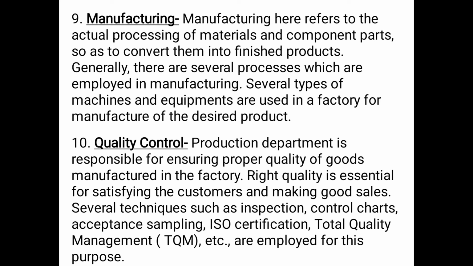And for this purpose, sampling can be done to check the quality. ISO certification can be taken because it certifies the quality of the product, etc. So these are the functions of production department.